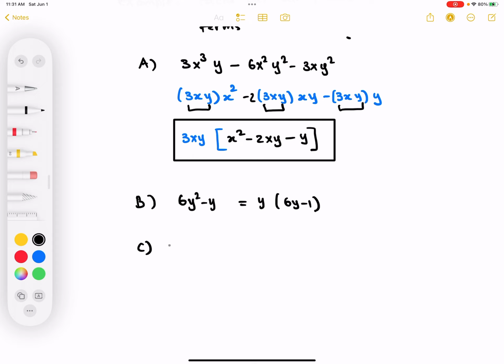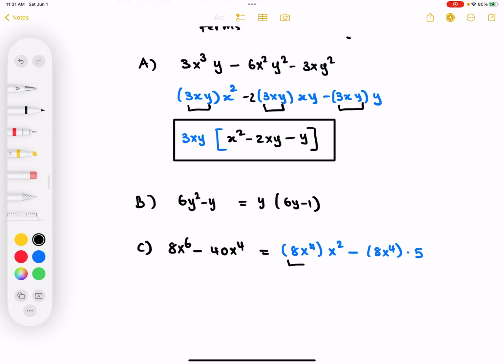All right, let's see another example. C: 8x to the 6 minus 40x to the 4th. Now you can write 8x to the 4th times x squared, and the second one, 40, is 8x to the 4th times 5. Remember, 40 is 8 times 5.